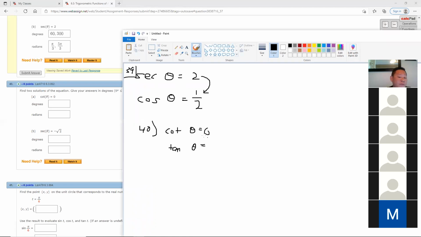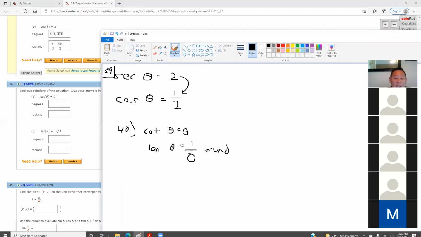But when you flip this, it becomes 1 over 0. Don't forget, when you flip the 0, it becomes 1 over 0. So this means that this is undefined here, because if you have a 0 in the denominator, it's undefined.